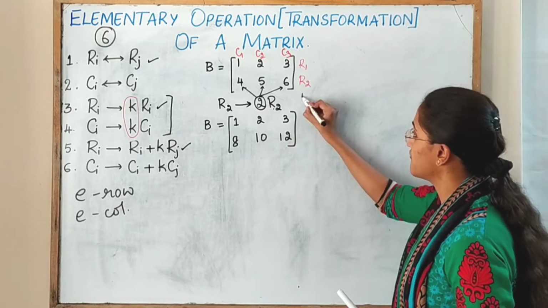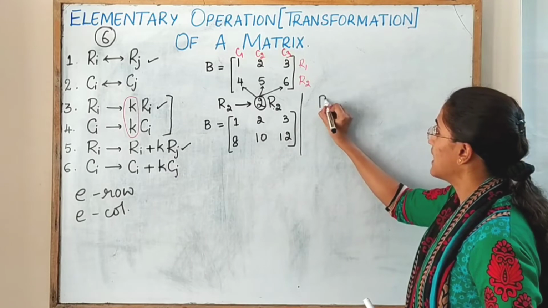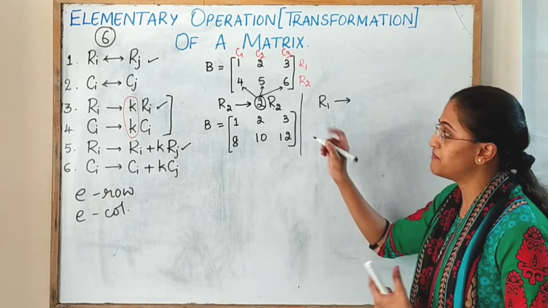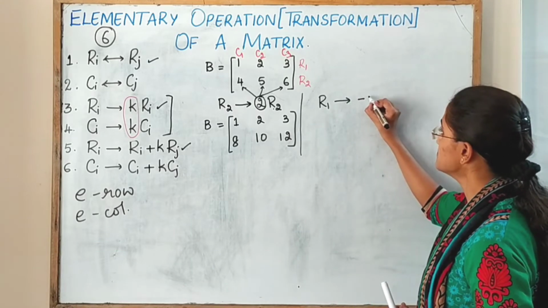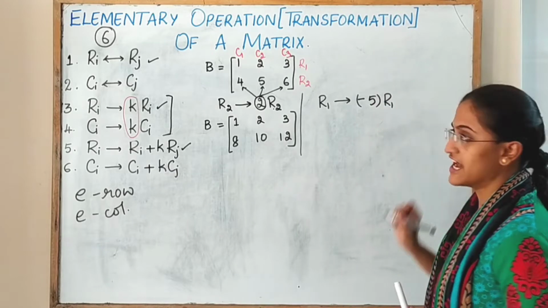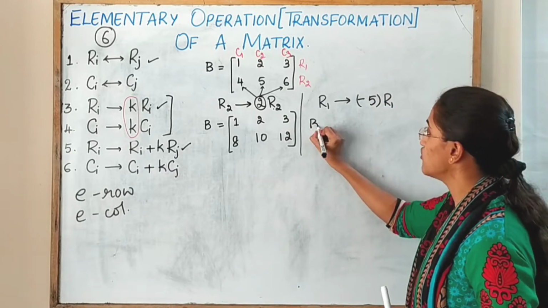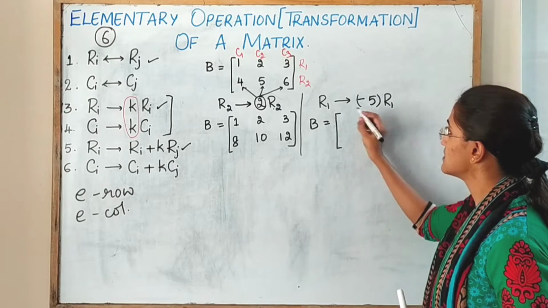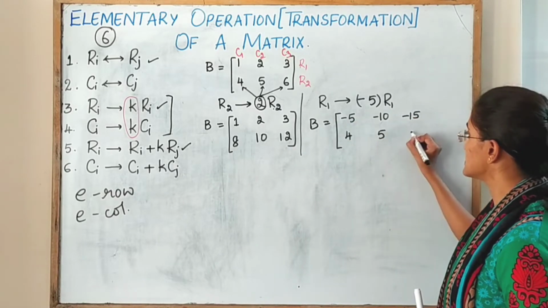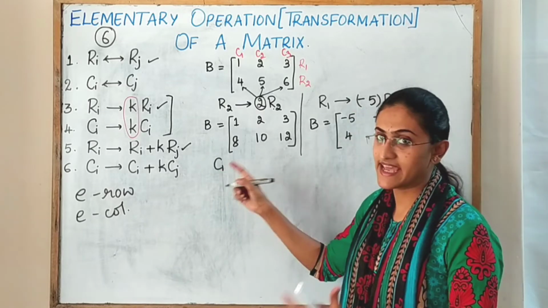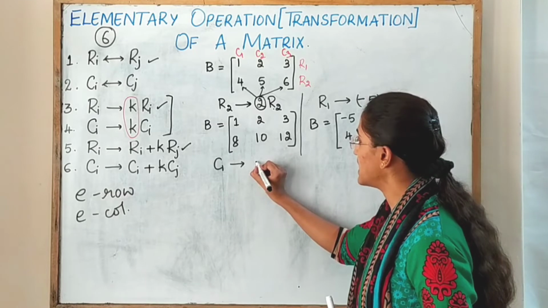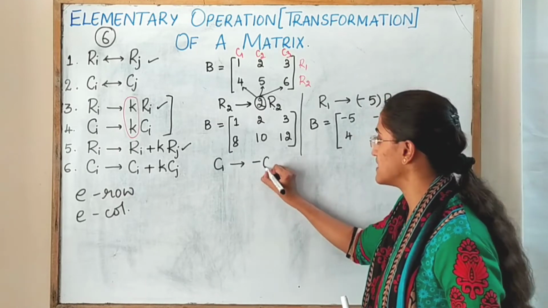Similarly, if we wish to apply another transformation for R1, like if I want to multiply R1 by -5, then our new matrix would be this. And also remember, the second row does not change. Okay, I'll take another operation, C1, and I multiply C1 by minus, just minus.